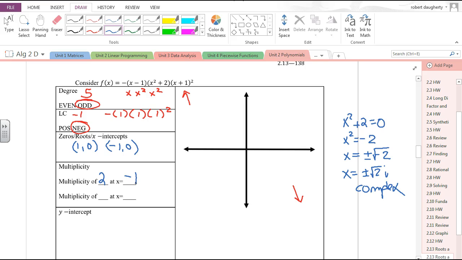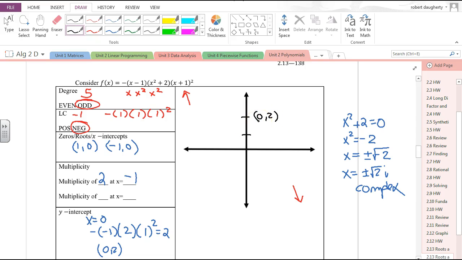Okay? So now let's figure out the y-intercept. The y-intercept is what you get when x is 0. So you'll have a negative 1 times 2 times 1 squared. That turns out to be 2, or 0, 2. So let's plot what we know. So this is the point 0, 2.